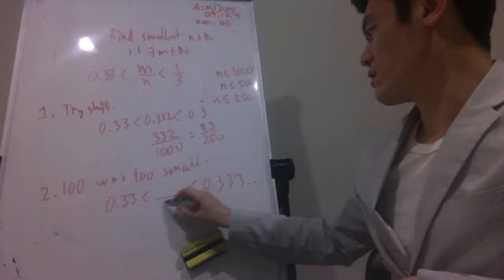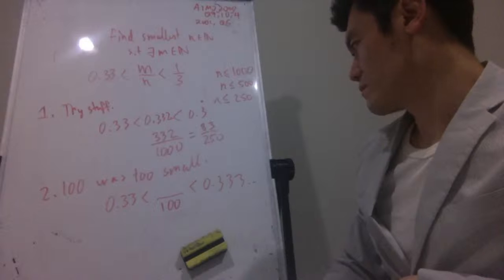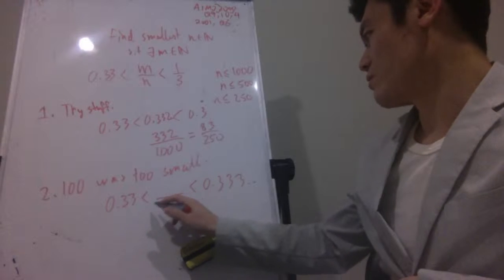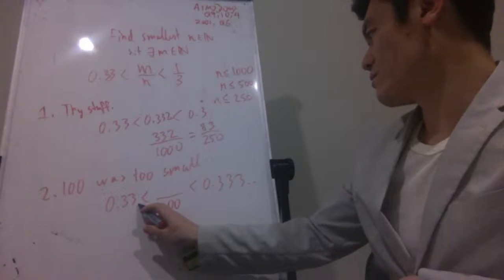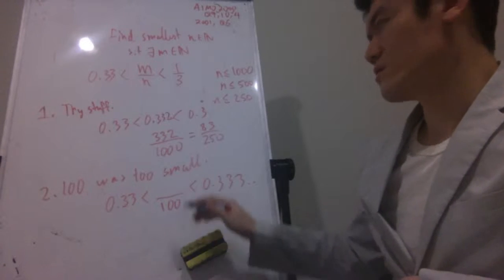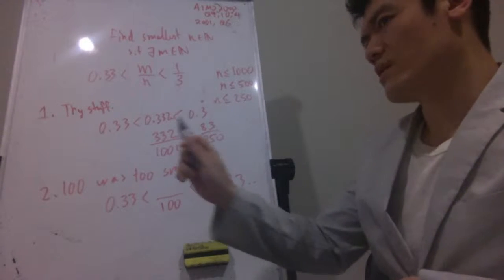So if you had it over 100, I guess I didn't really think about it too much. It just felt like it was too small. For one reason, you can't really get to the thousandths place here with 100, and if it was even smaller, it'd be even less fine, right?